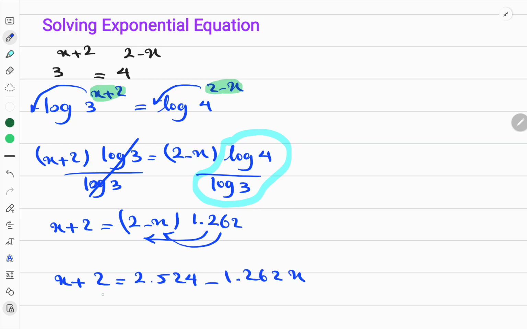Okay, then subtract 2 from both sides, which gives you this, and then add 1.262x to both sides to have only one term of x.